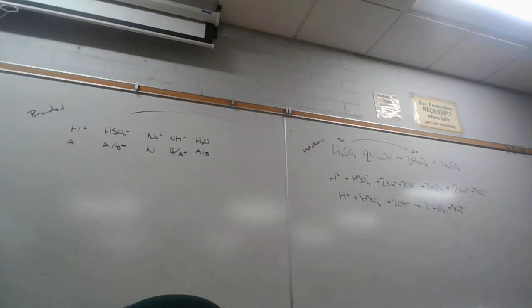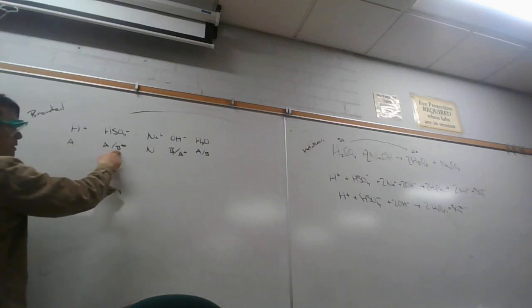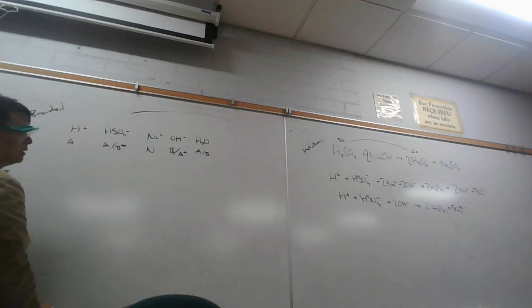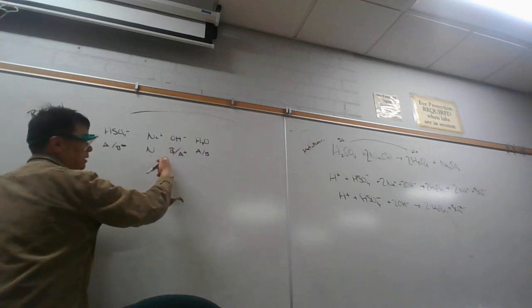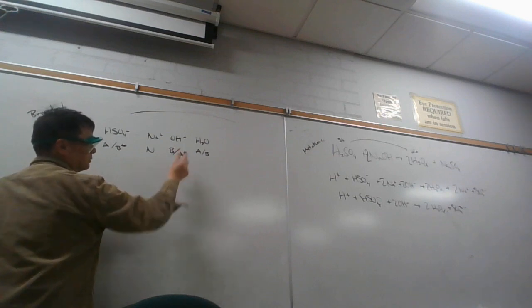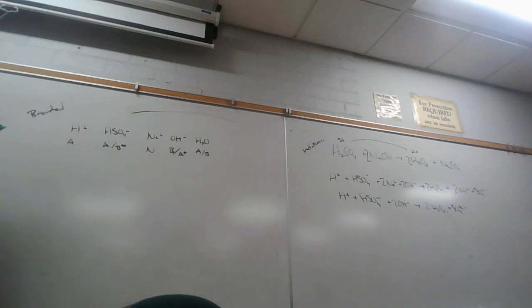There are three amphoteric species here. HSO4-, the base property is extremely weak, so we usually treat HSO4- just as acid. Hydroxide is a powerful base, but it could also be an acid to make oxide. Water can go either.